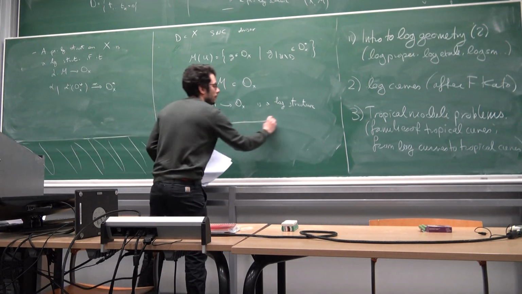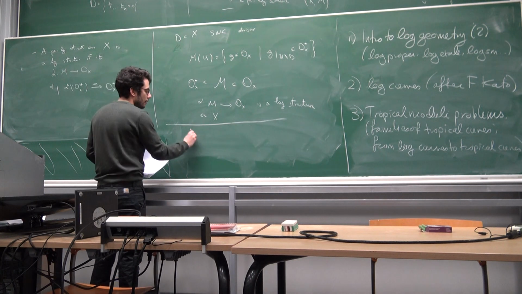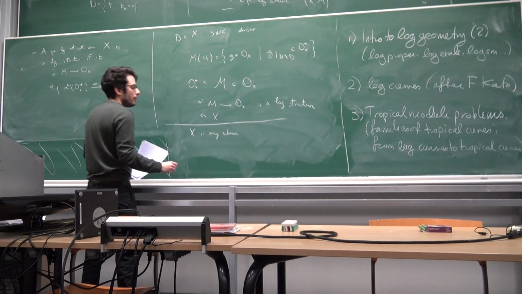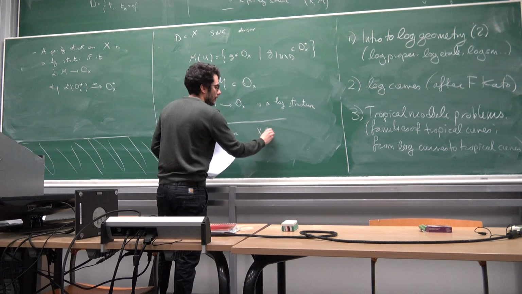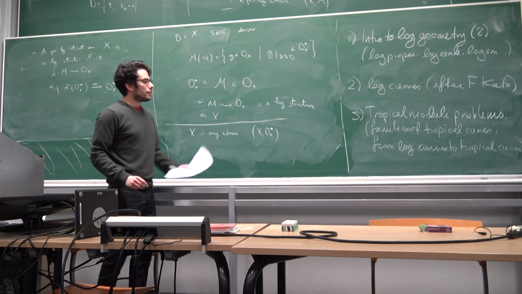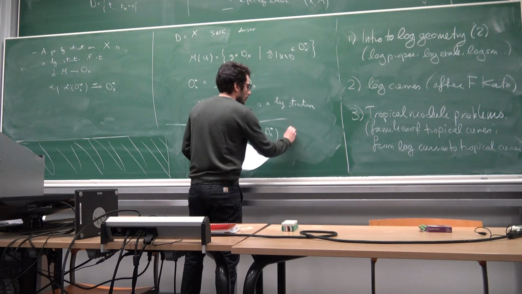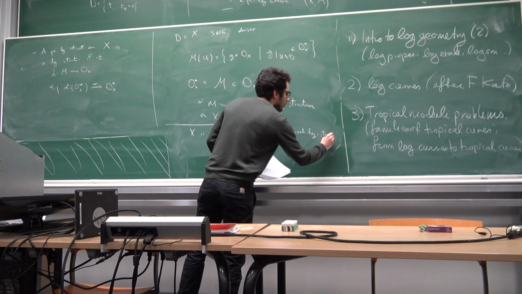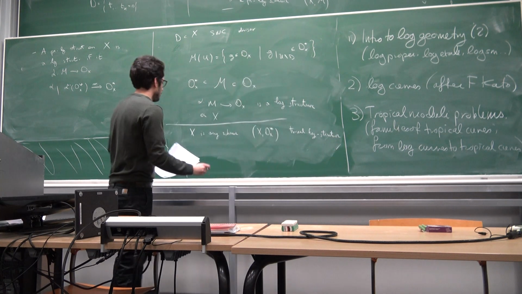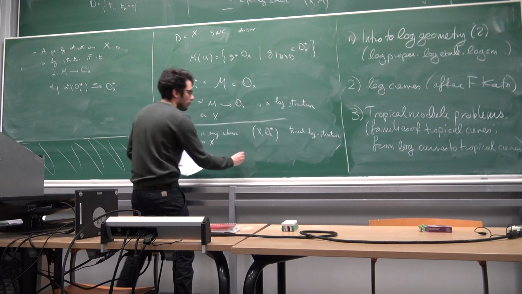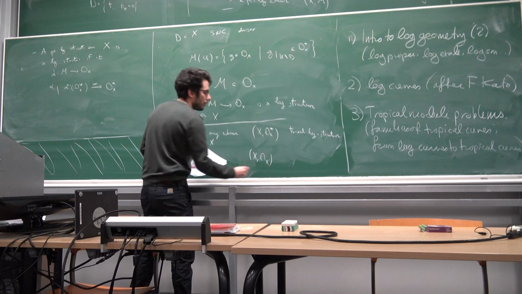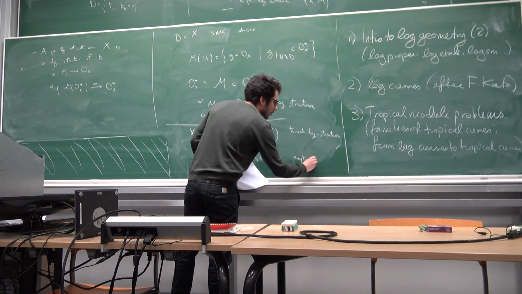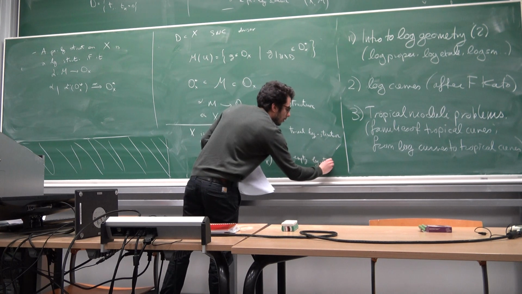And then some maybe less interesting examples are that if X is any scheme, we can consider the log scheme (X, OX star), and this is called the trivial log structure on X. But we can also take the full OX as a sheaf of monoids, and this is called the empty log structure.